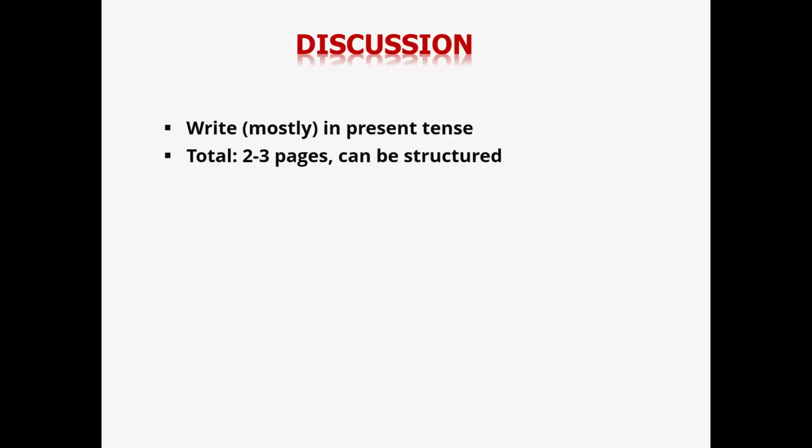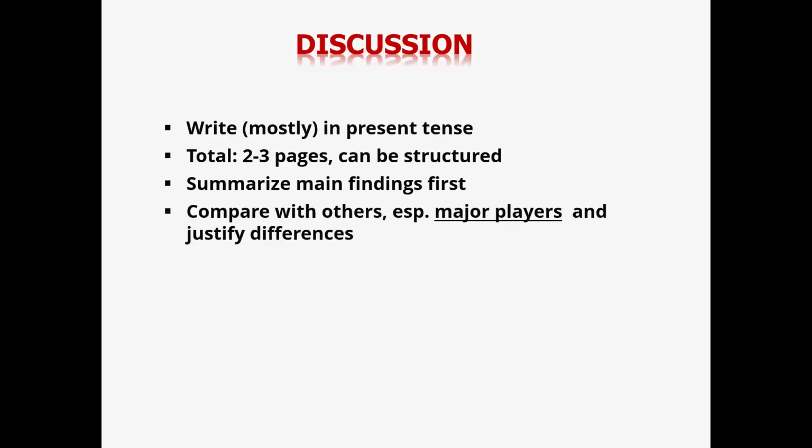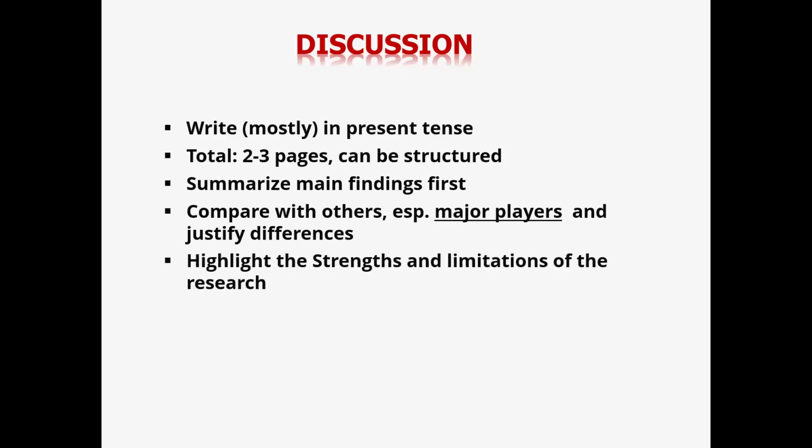The discussion should be written in the present tense, and it should also be 2 or 3 pages and structured. It should summarize the main findings, and you have to write what the comparative point is between you and the major players in the field. The major players are the people who did work similar to your work before.